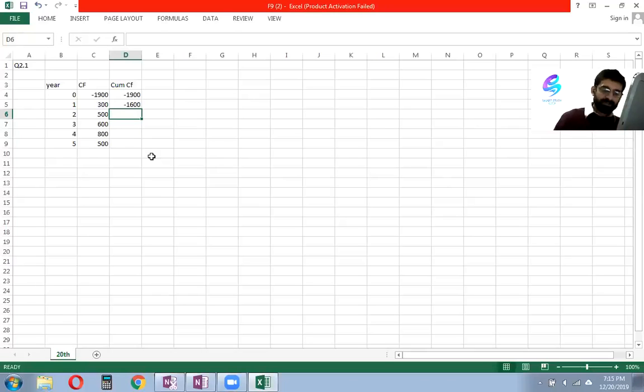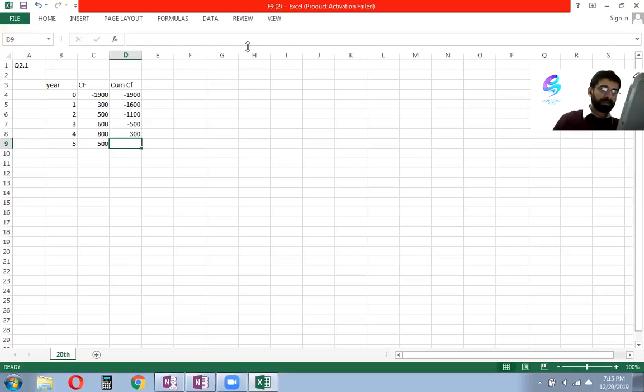In the next cell, you can again put an equal sign and say this cell, minus 1600, plus the 500. In the next cell again, you can do the same thing, minus 1100 plus 600, and then again minus 500 plus 800. Now, of course, you can do that, but it's going to take a lot of time, and you don't want to waste time in the exam.